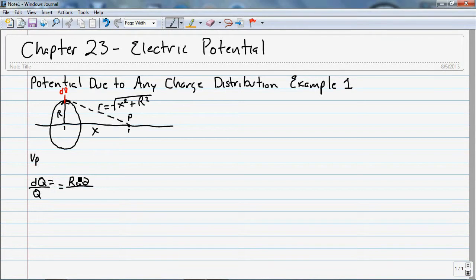This is just dl, differential length, over 2 pi times R, which is the circumference of the loop. And the R's are going to go away, and I multiply Q up. That gives me differential charge is equal to Q d theta divided by 2 pi.